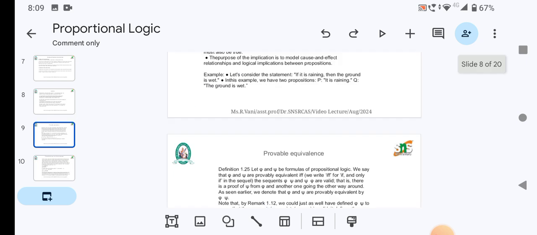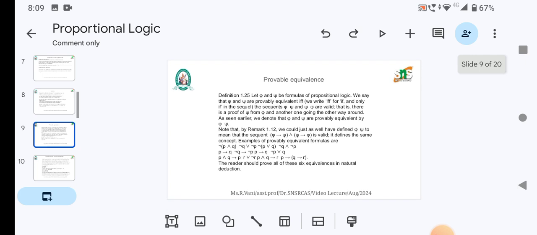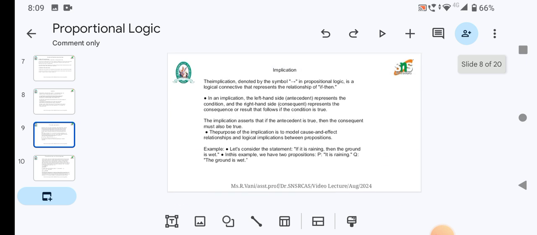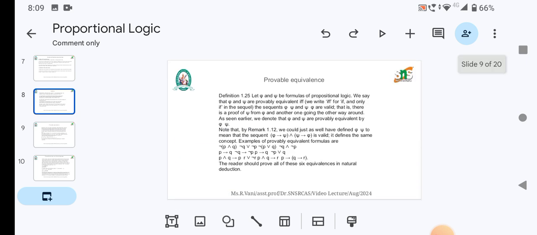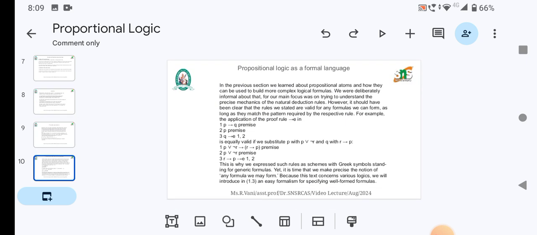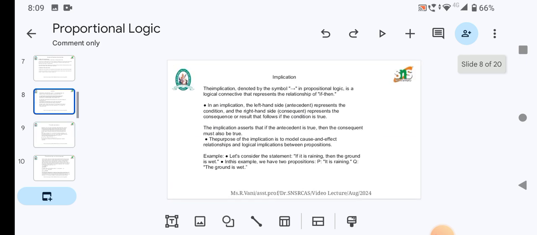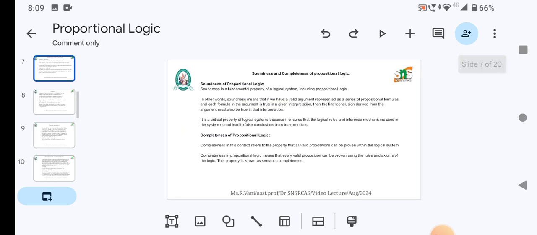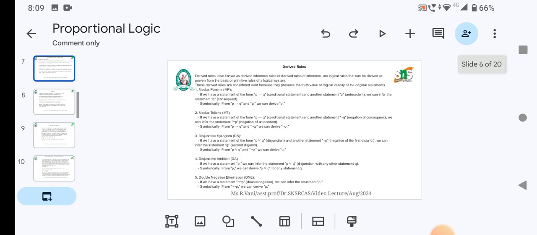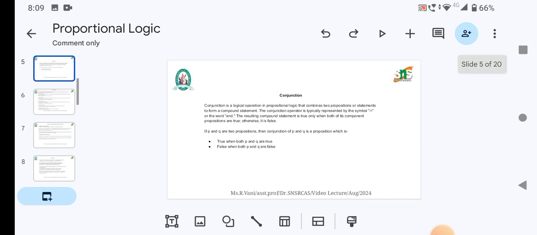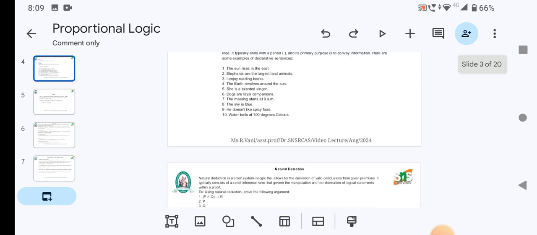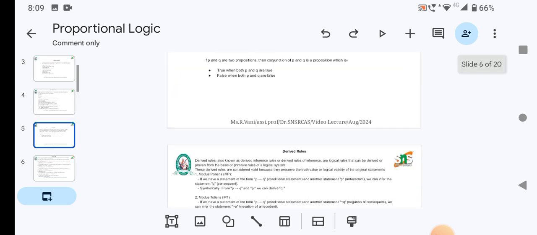Here we can recall the formulas for propositional logic: provable equivalence, conjunction, disjunction, implication, premises of each formula, soundness and completeness of propositional logic, derived rules, conjunction, natural deduction, declarative sentence.